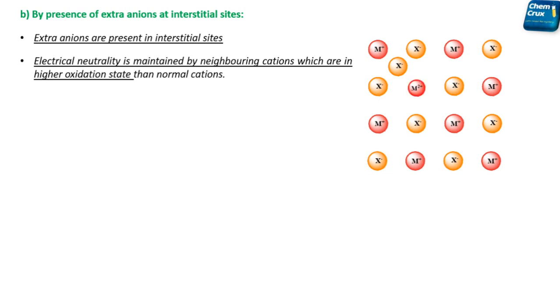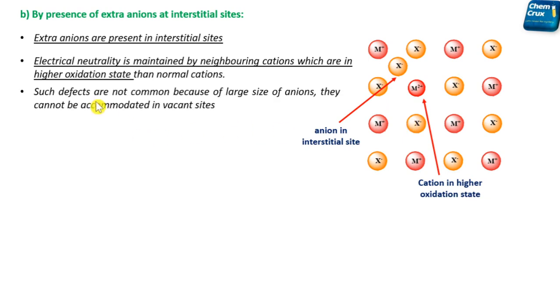Then the charge will be compensated and thus electrical neutrality will be maintained, right? But this type of defects are not very common because anions have larger sizes, thus they are not well accommodated in the interstitial sites. So this type of defect are not seen in crystals.